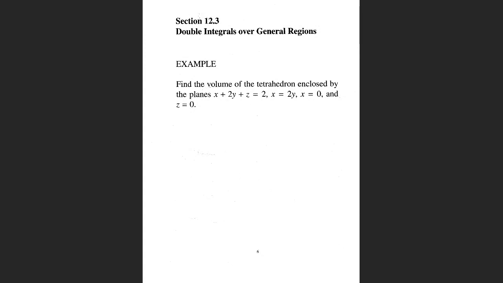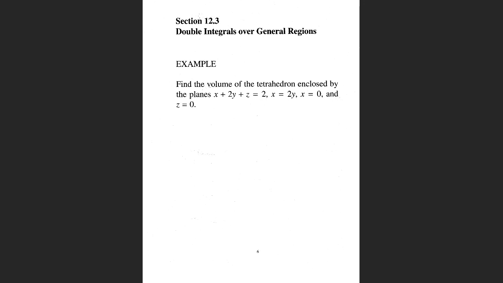Okay, so we're working now in section 12.3, and we're talking about computing double integrals over general regions. And you had basically learned from sections 12.1 and 12.2 that a double integral can be interpreted as the volume underneath a surface function over a region D in the XY plane.